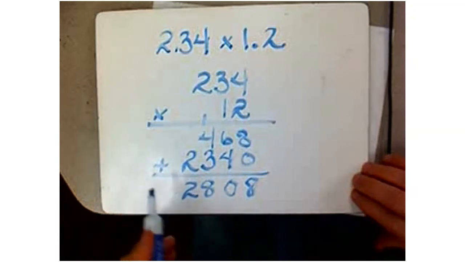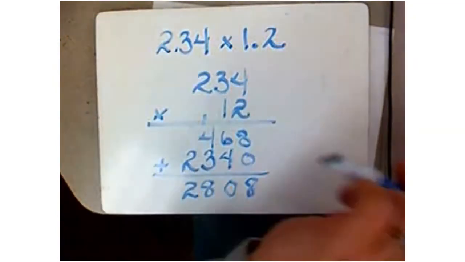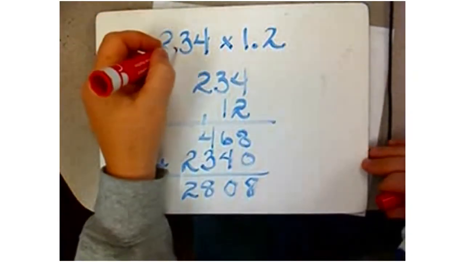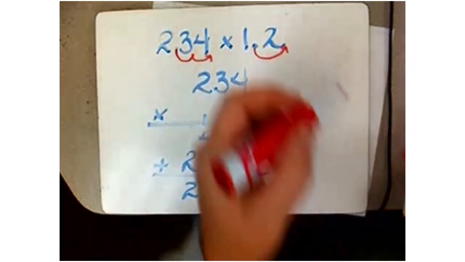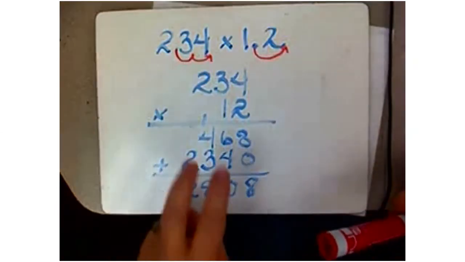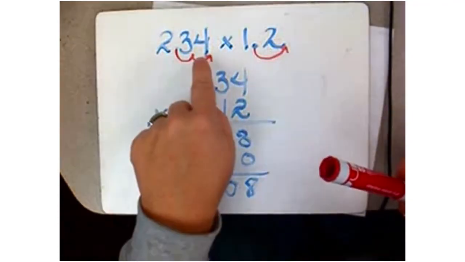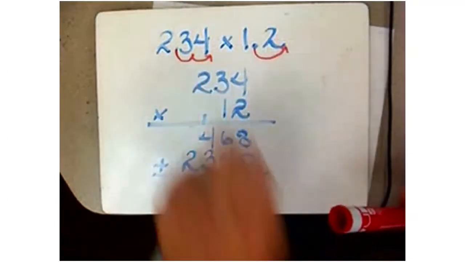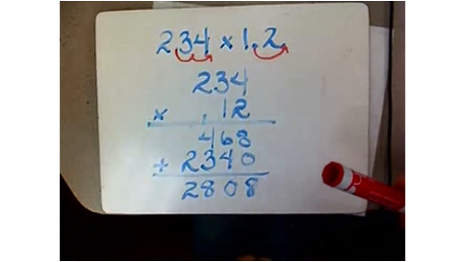and 2. We get 2,808, but we're not done, because we have to remember that we had 2.34 and 1.2, which is actually 2 and 34 hundredths, and 1 and 2 tenths. So what you have to do is count the number of places to the right of the decimal total there are, and there are 1, 2, 3. 2 to the right of the decimal for 2.34, and 1 to the right of the decimal for 1.2.